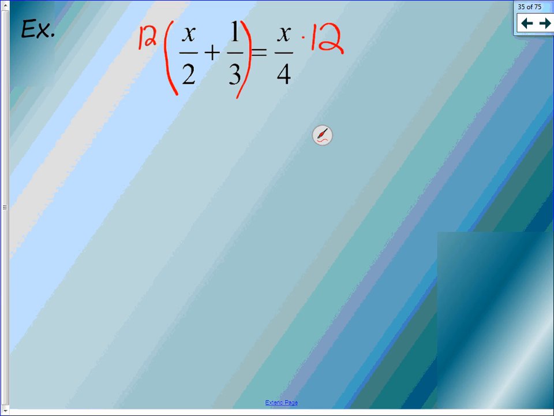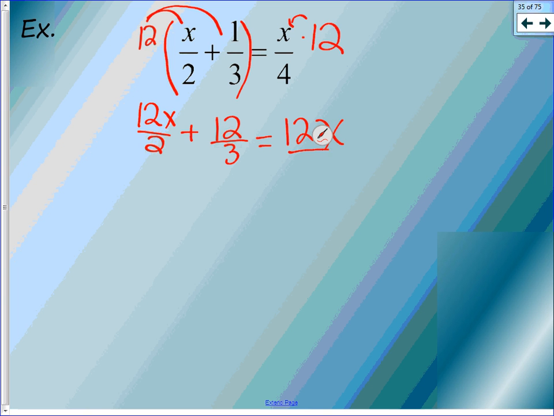No, if you use a larger one, the numbers will just be bigger, but it's not wrong. So if I distribute 12, I get 12x over 2. 12 times 1 is 12 thirds, plus equals, and here I get 12x over 4.